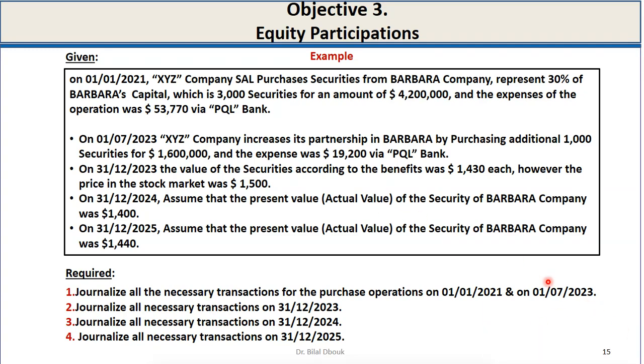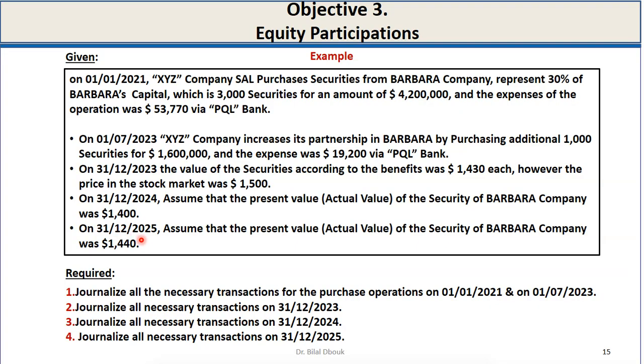$19,200 via PQL Bank. On 31/12/2023, the value of securities according to benefits was $1,430 each. However, the price in the stock market was $1,500. Another piece of information for the following year 2024: the actual value was $1,400.